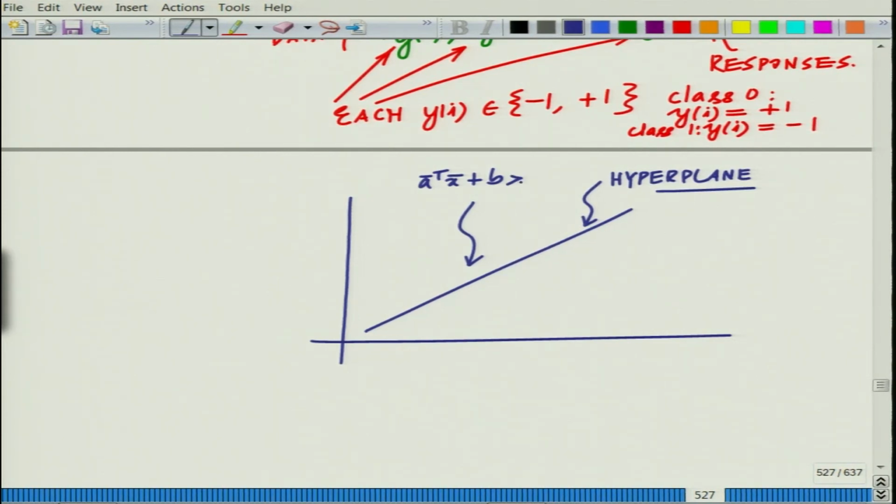This side is A bar transpose x bar plus b greater than or equal to 0, and this side is A bar transpose x bar plus b less than or equal to 0. So, this is, let us say, class 1, and this is class 0.